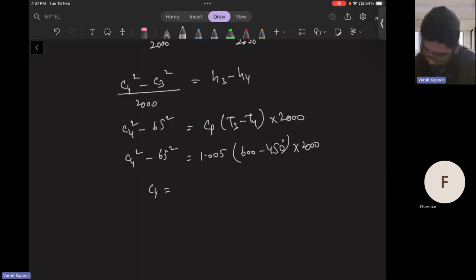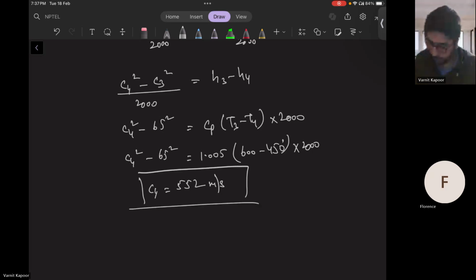C4 comes out to be 552 meters per second almost. So quite a high velocity we have achieved after passing the fluid through the nozzle. 552.9, so we can write 553 here.